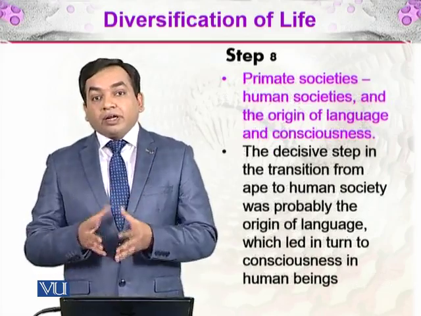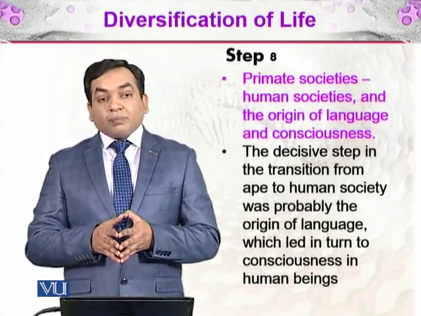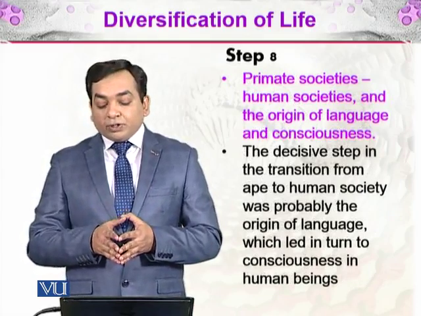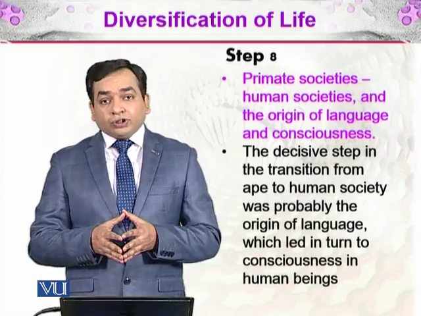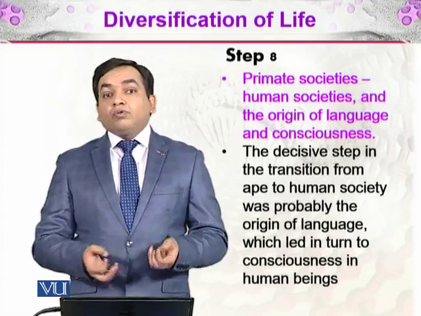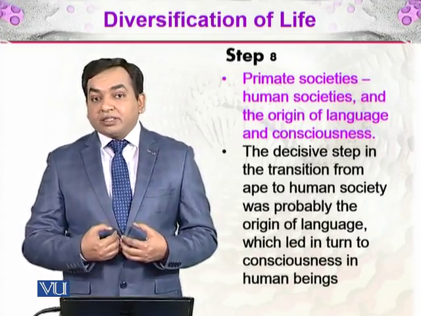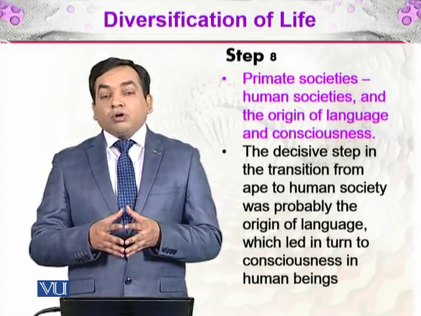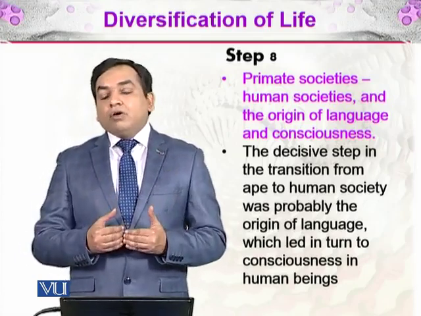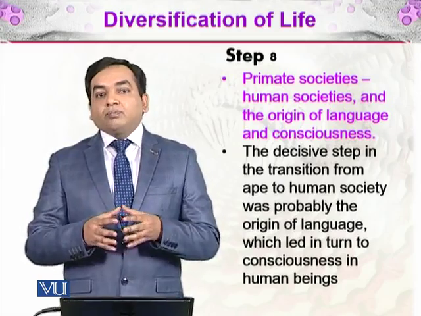And then there is the last step, which is step 8, the primate societies, human societies, and the origin of language and consciousness. We started speaking, we started questioning our existence. We had some consciousness, we had mind, we have the ability to think and process.